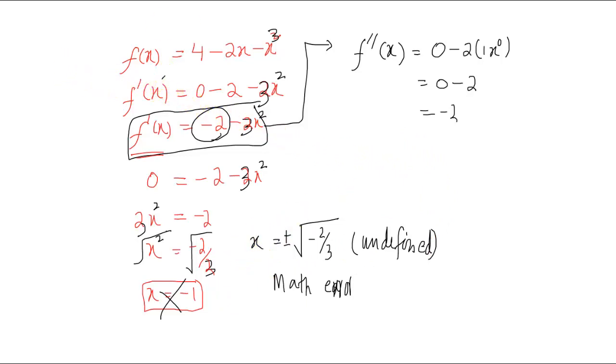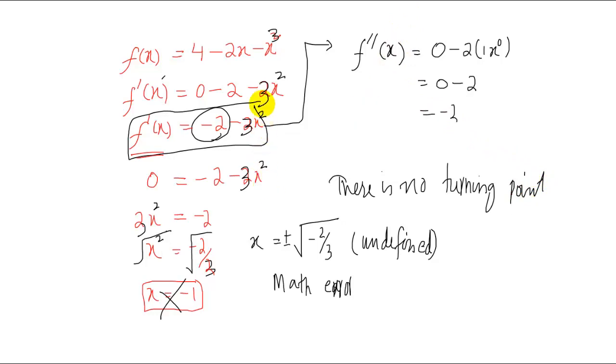So in this case, when we get a math error, it means that this graph does not have any turning point. There is no turning point in this graph. So when there is a math error, it means there is no turning point.